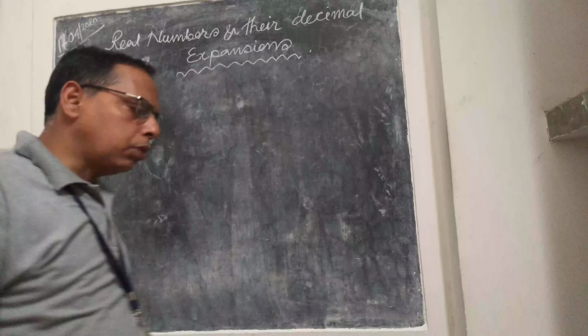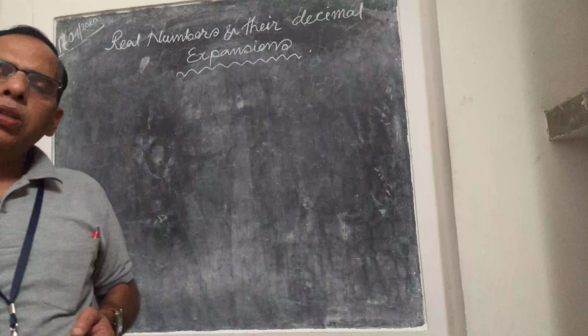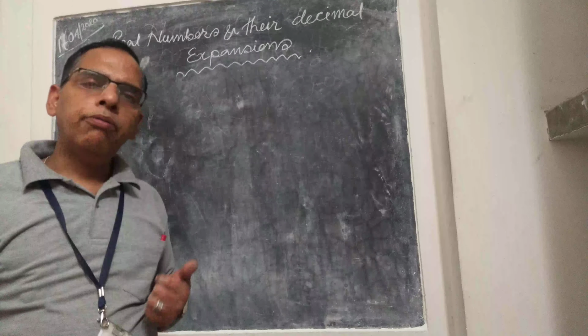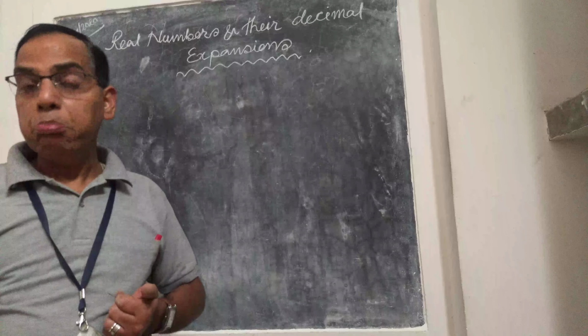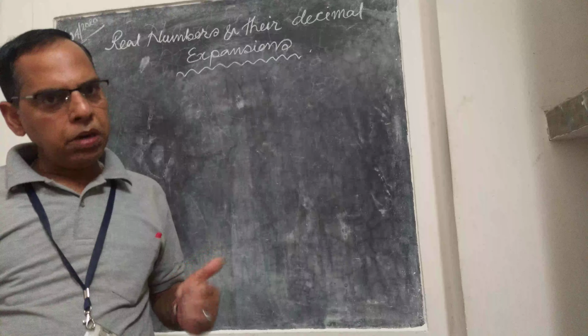Then first of all, you see under what condition, or what type of fraction is that? Generally when I say what type of fraction, you know proper fraction, improper fraction, mixed fraction.